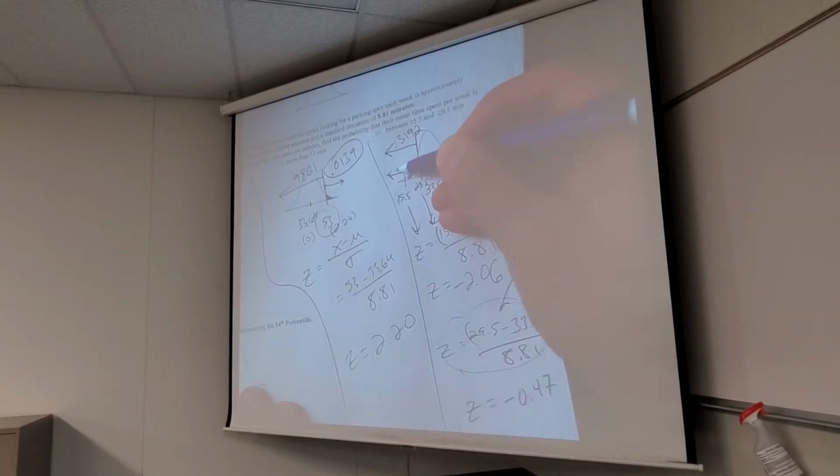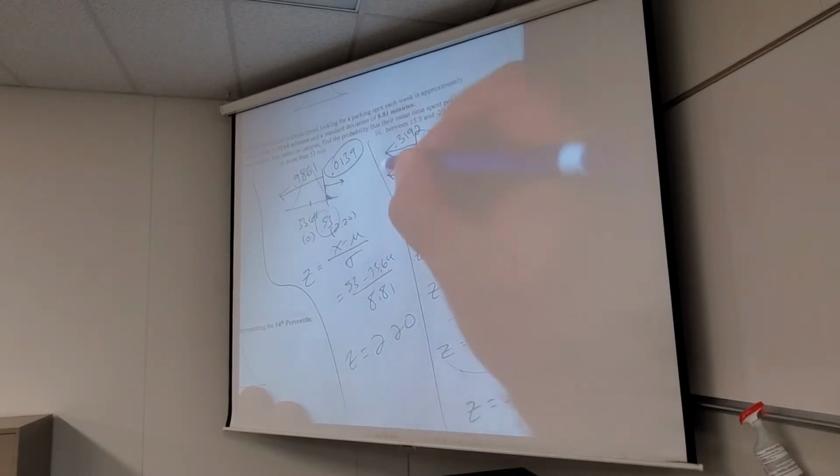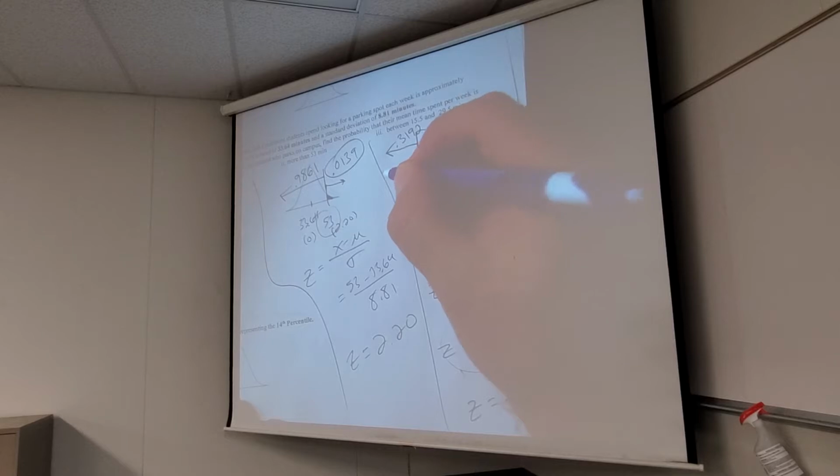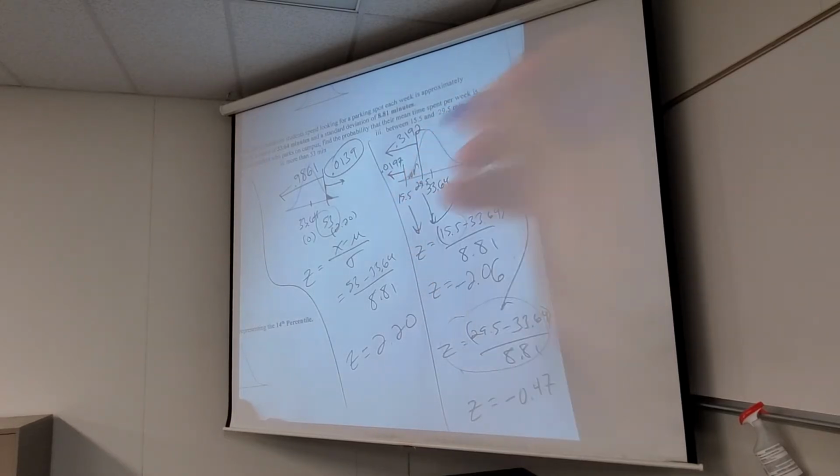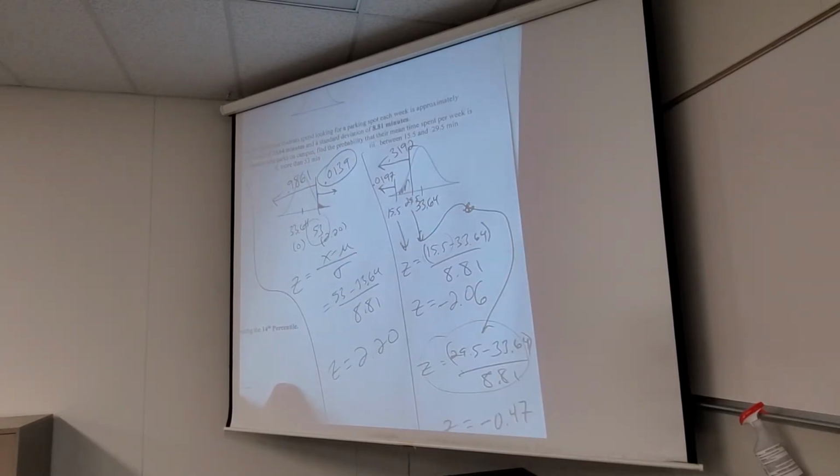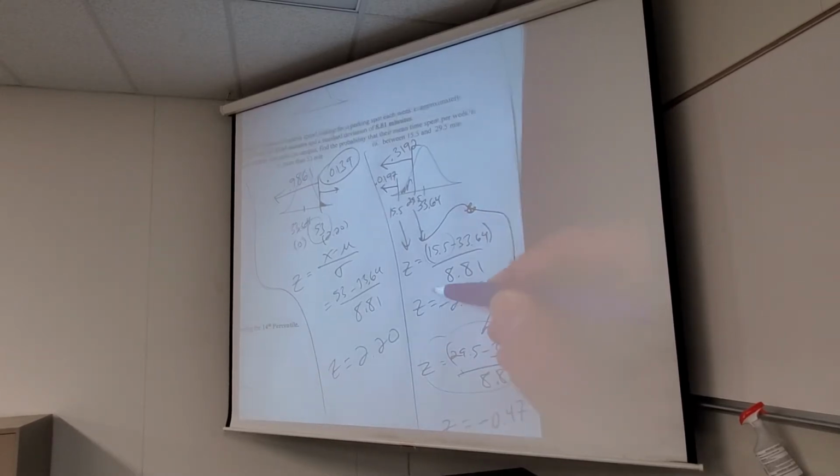What about the other one, the little tiny tail here? 0.0197? Okay. Yes. I'm confused how you're calculating. What did you do? All right. You're cool with these z-scores, right?